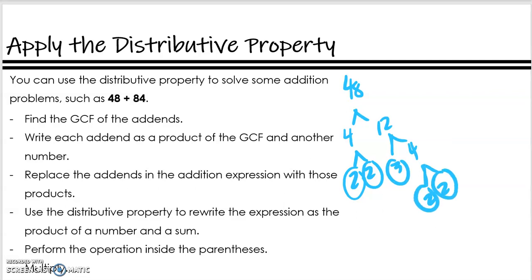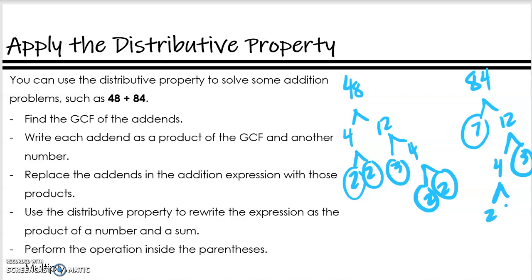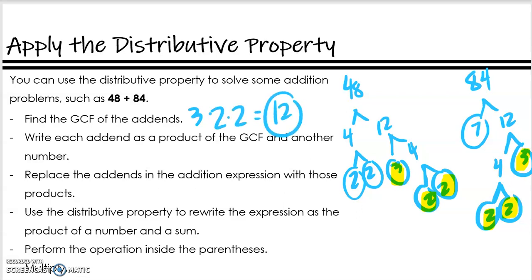So my prime factorization is 2, 2, 3, 2, 2. 84, I think of 7 and 12, 12, 4 and 3, and then 4, 2, and 2. So what do they have in common? 2 2s and a 3. No 7 over here. So my GCF is 3 times 2 times 2, which is 12.